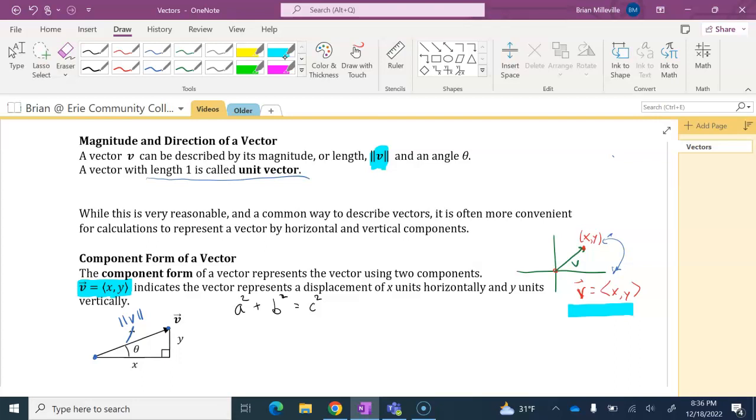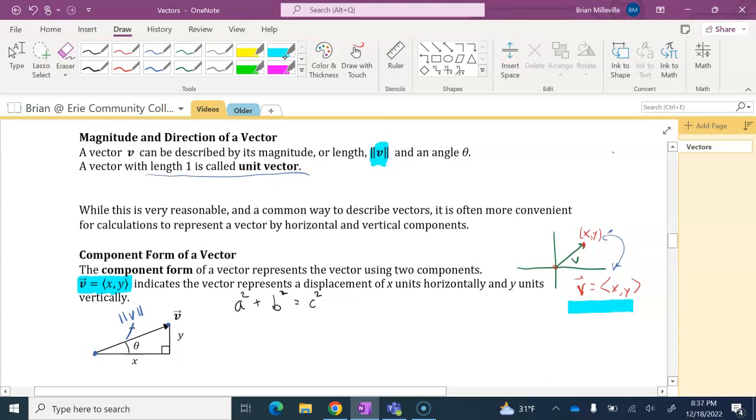So I've drawn the picture here. We've got a picture drawn, and on the hypotenuse of this right triangle, I had little r. This is coming from something referred to as polar coordinates. We're more often going to use the magnitude of v, but I'm going to leave that r there for a minute. Now, what can we read off of this picture?